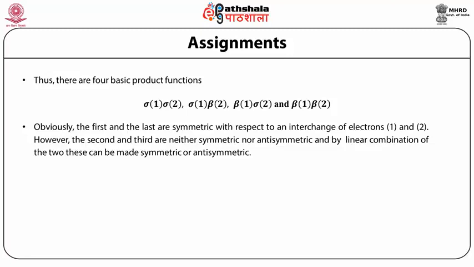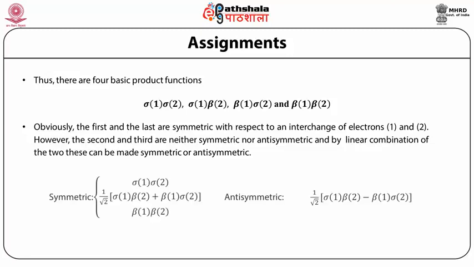So, the following spin functions for a two electron system are symmetric: alpha 1 alpha 2, 1 upon root 2 (alpha 1 beta 2 plus beta 1 alpha 2), and beta 1 beta 2, while for the antisymmetric case it is 1 by root 2 (alpha 1 beta 2 minus beta 1 alpha 2), and the factor 1 by root 2 is the normalization constant.